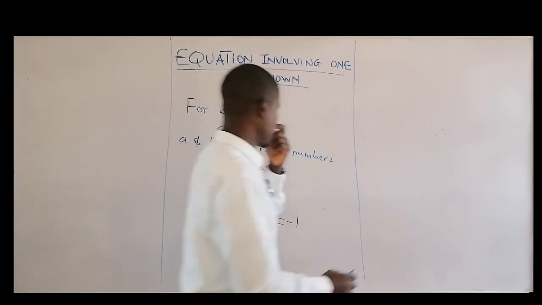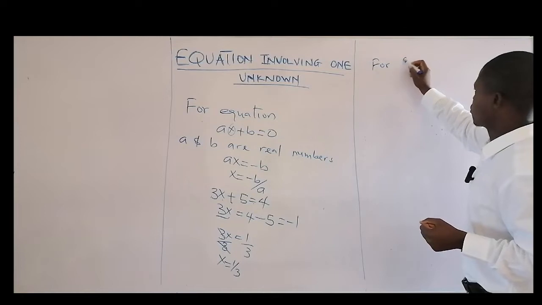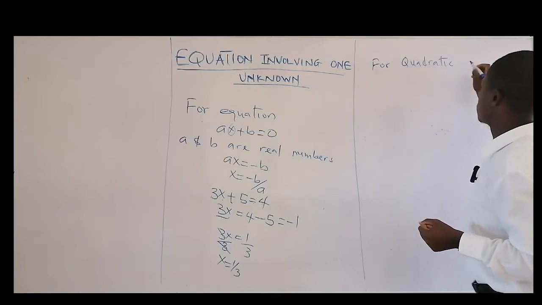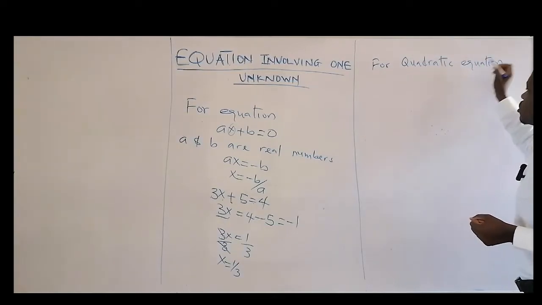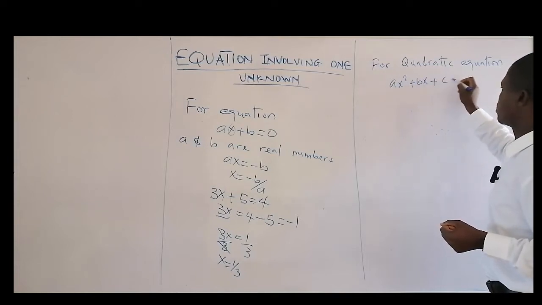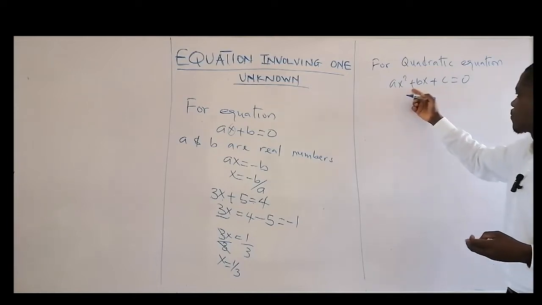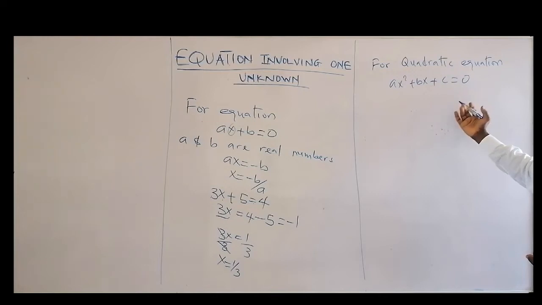Then for the quadratic equation, which is ax squared plus bx plus c equal to 0, you can use a method to get the unknown.